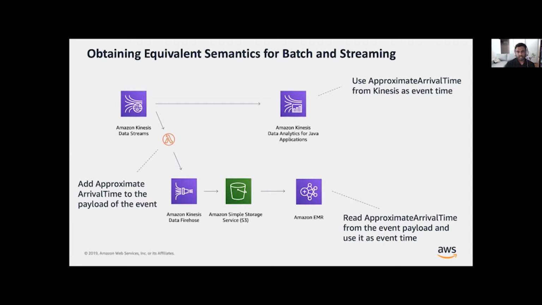And the approximate arrival time is made available for both batch and stream processing within your Beam app, whether you're running the code on top of Flink, in this case, where the Flink code is running on top of Amazon Kinesis data analytics for Flink, or Amazon Elastic MapReduce, which is our managed Hadoop service.